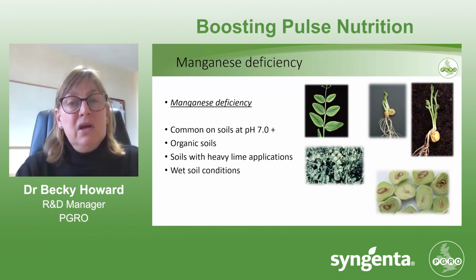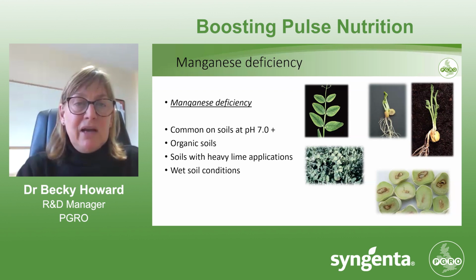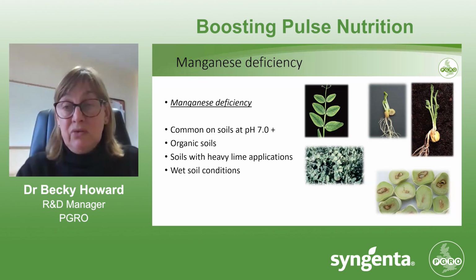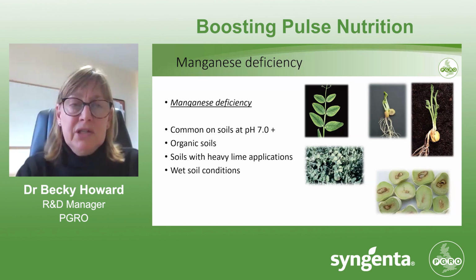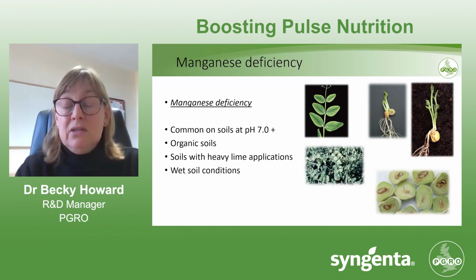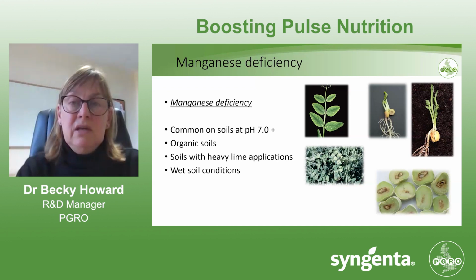The symbol for manganese is Mn, and we use the short form, so the margins are not green in this case. So margins are yellow, whereas in magnesium deficiency, the margins are green. So you can see from that plant there that we've got yellow leaf, and also you tend to often see it in stripes in a field, related to compaction in the field or the tractor wheelings as well.